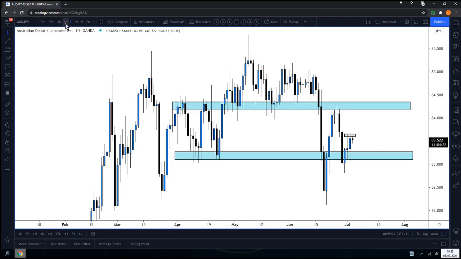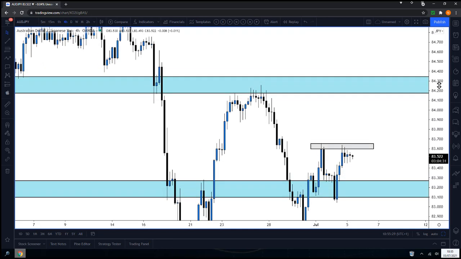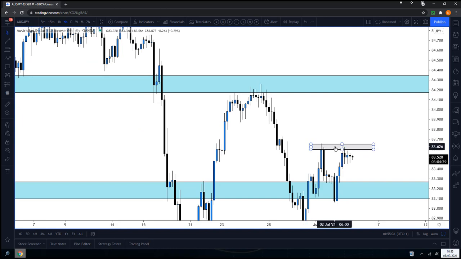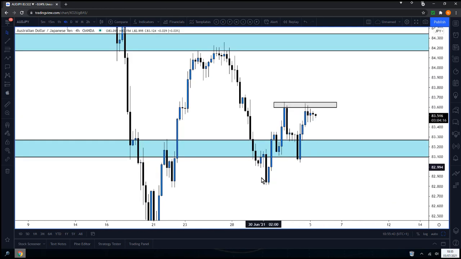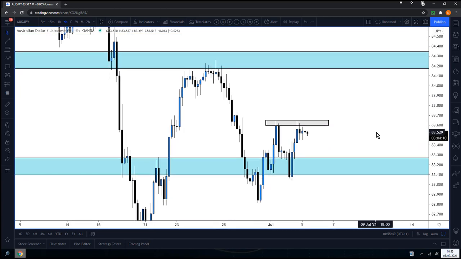Seeing buyers come in, but we're finding a little bit of resistance here, around about 83.63. Want to break that, form a new high, look for a higher low, and then look to trade that up into these highs here. Okay, you can already see actually a low and a higher low there. Need to see a higher high now, and the next higher low, looking to go long there.